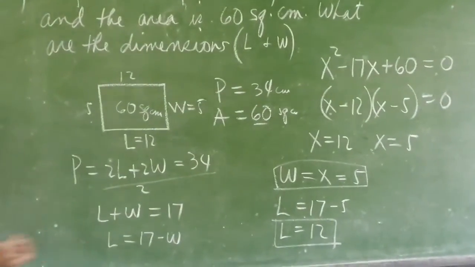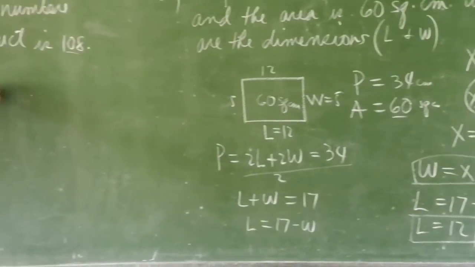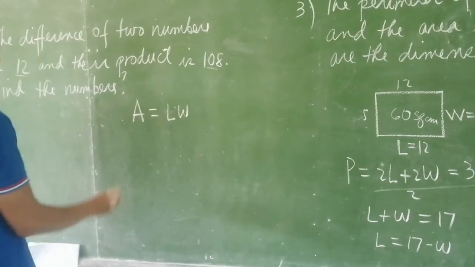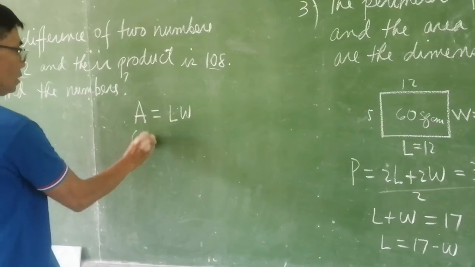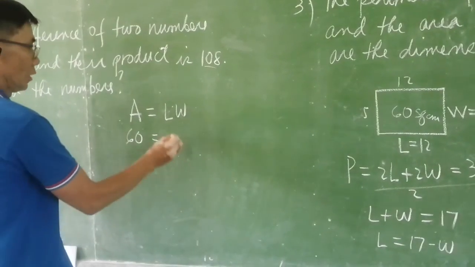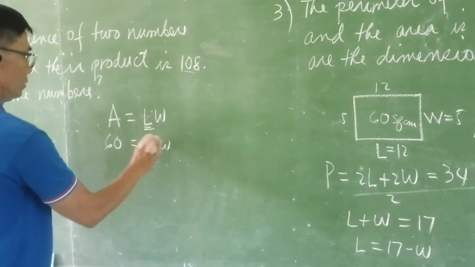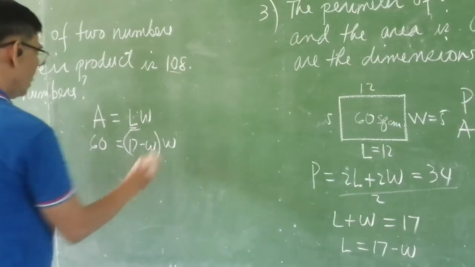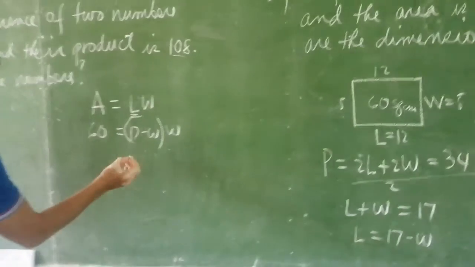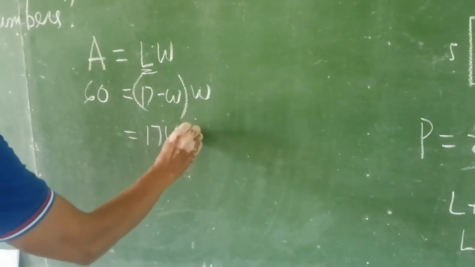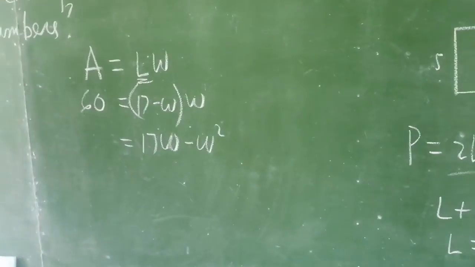So let's continue with that. So the area of any rectangle is length times width. So the area is given to be 60. And shall we use L for 17 minus W, times W. So simplifying will be 17W minus W square.